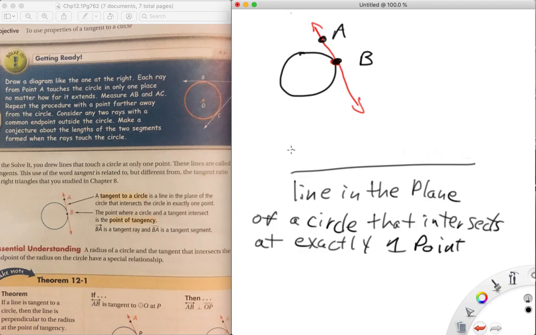Alright, so tangent to a circle refers to the line intersecting at point B. Point of tangency refers to the point.